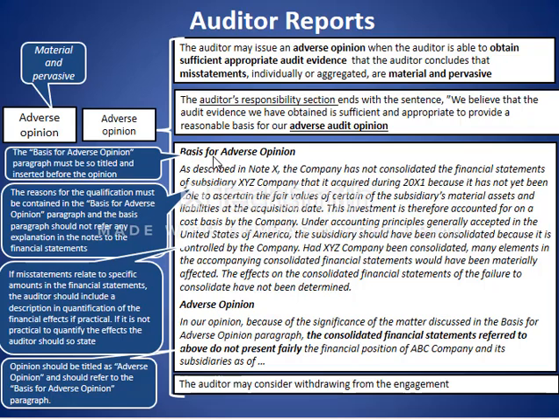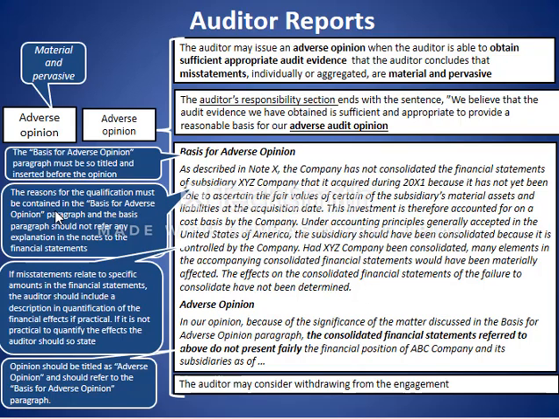The first thing we're going to do is insert before the adverse opinion the basis paragraph, the basis for adverse opinion. That paragraph must be so titled, and it is inserted before the opinion. Also, the reasons for the adverse opinion must be contained in the basis for adverse opinion paragraph.